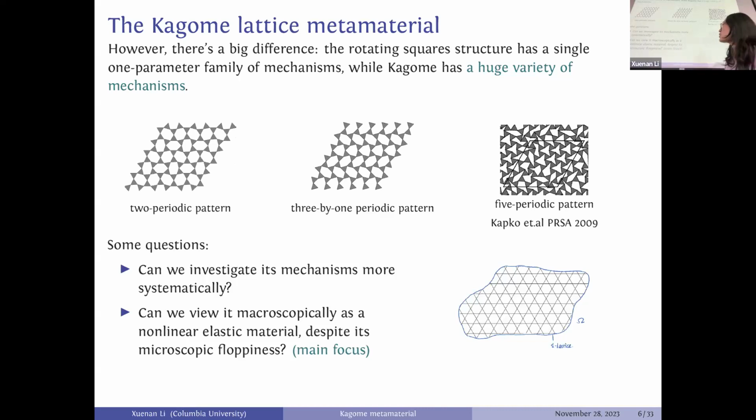And another question is, given you have all those mechanisms, are we still able to find the effective behavior? This is a very degenerate lattice problem. Can we still find its effective behavior? Is it still meaningful to discuss, as epsilon goes to 0, whether it behaves like a normal material?